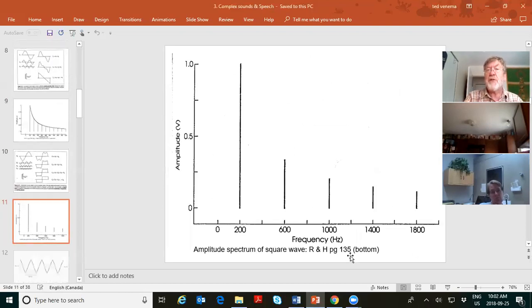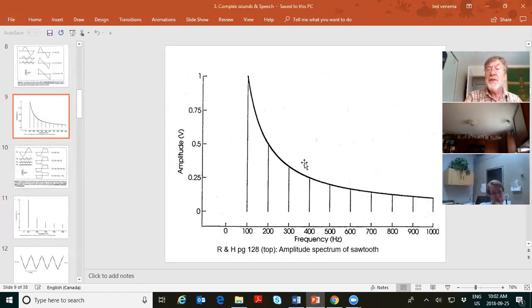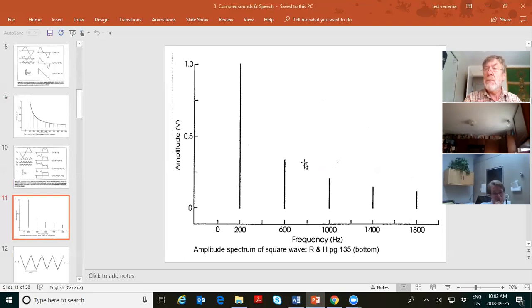Let's look at the spectral analysis of a square wave. Look at this. They're not putting in every harmonic. It's every other harmonic. And it's still dropping off at a fast rate, but it's every other harmonic. Compare that to here. You're having the same drop-off rate, but you're having every other harmonic.